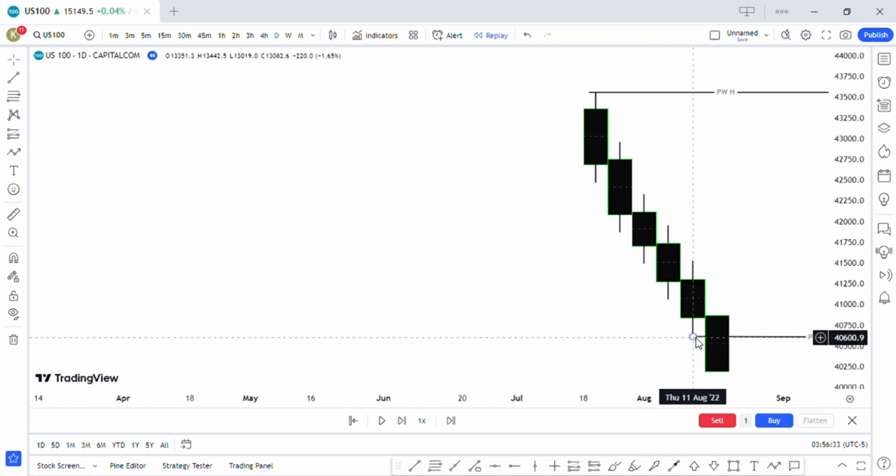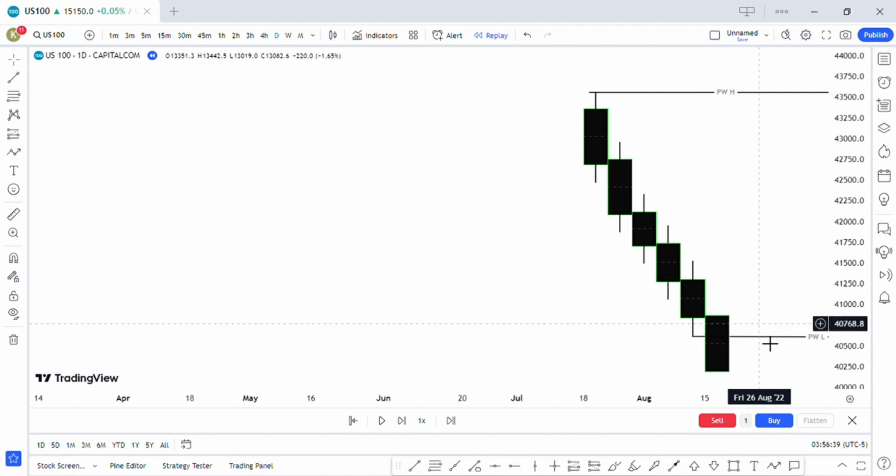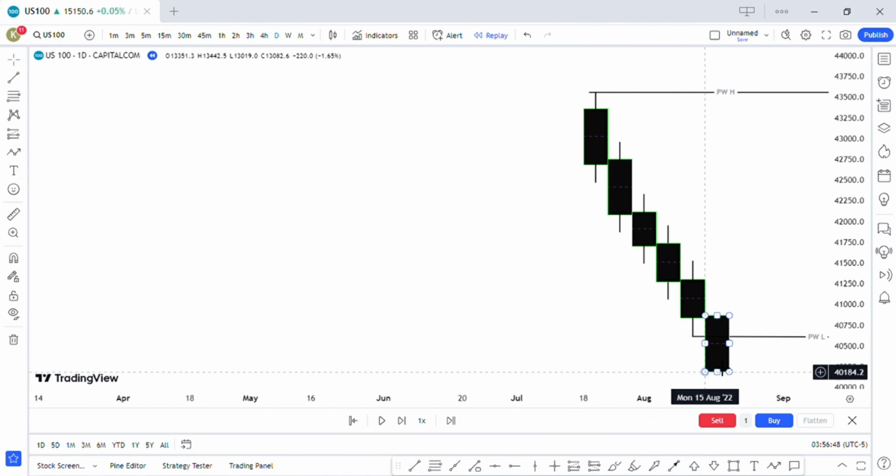And here it's a Friday, and we expect the market to come Monday, then the next week. This is our previous week's low and this is our previous week's high. The market opens here, sharp down through the previous week's low and closes below. This tells us that the market will continue going down.